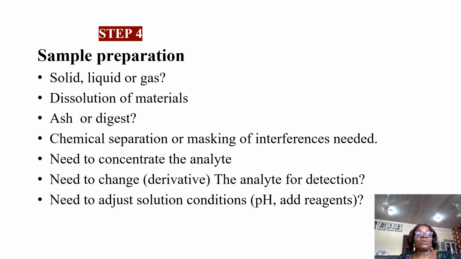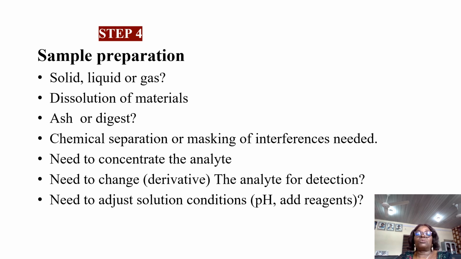After then, you will ash, you will digest. You have chemical separation or masking of interferences. You need to concentrate your analyte. Those steps, you are preparing your sample. You need to change or derivatize the analyte for detection.